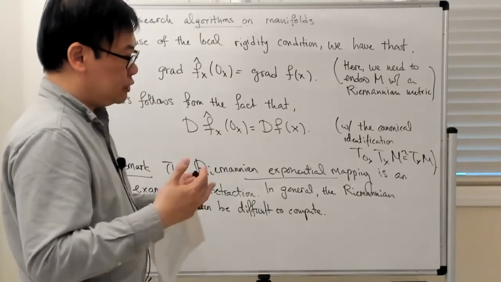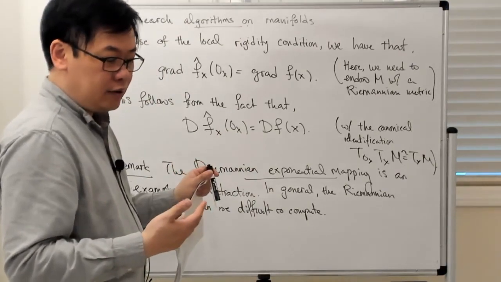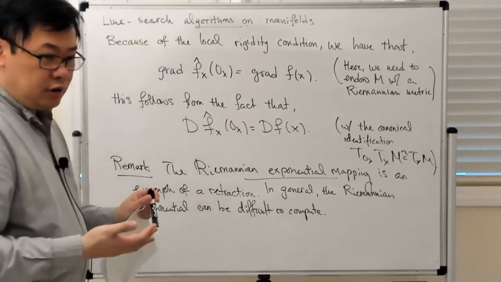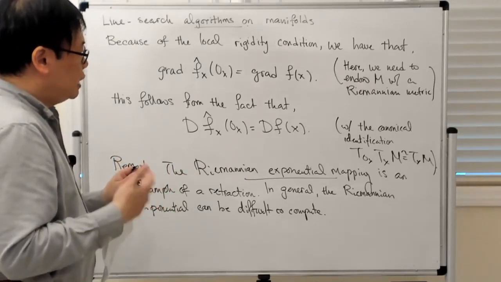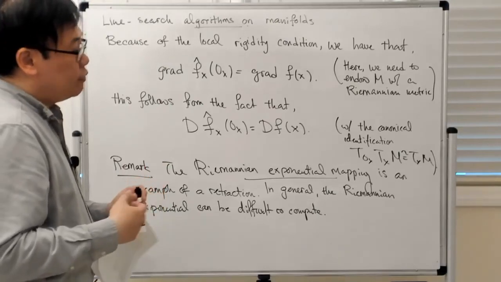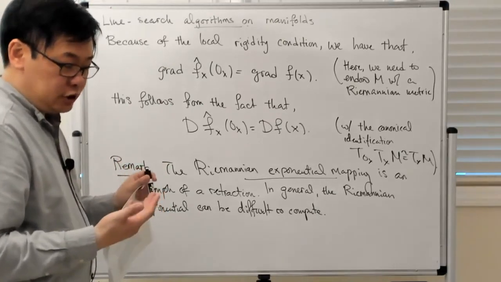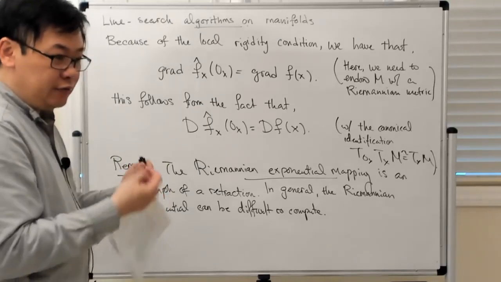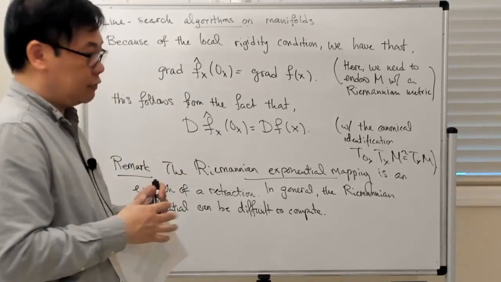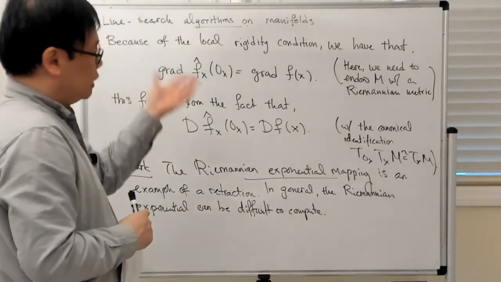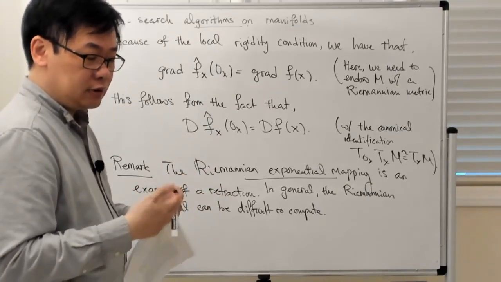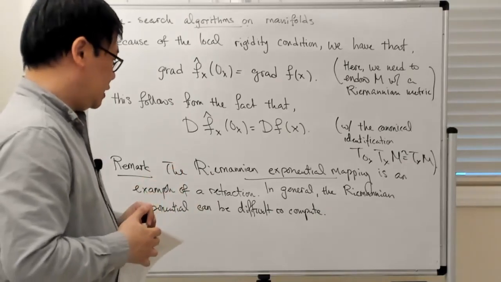And so we would like to substitute that with a different mapping, which is cheaper to compute on the one hand, but still has all the nice properties which are relevant for the purposes of doing optimization on manifolds and for proving that your optimization algorithm converges. The distillation of the essential properties of the Riemannian exponential mapping, relevant for the construction of optimization algorithms, are exactly the two properties which define the idea of a retraction.